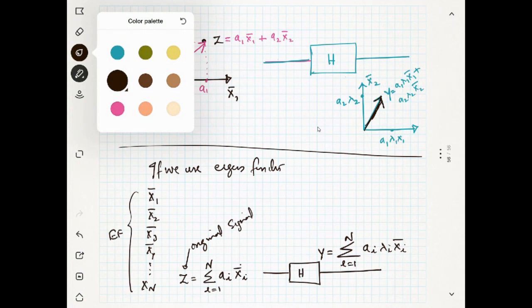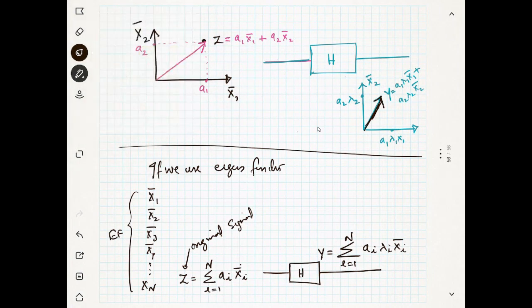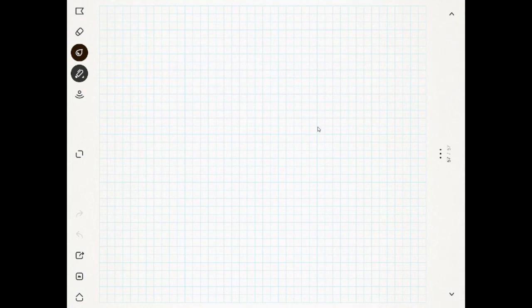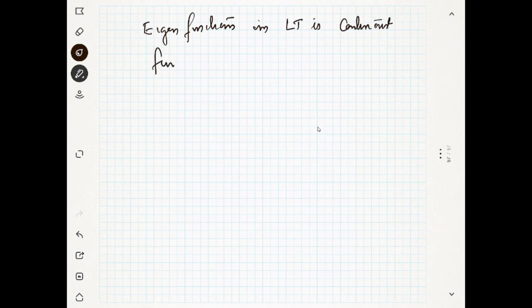Now I will come to the Laplace transform. I am talking now about the continuous time signal. In the Laplace transform, our eigenfunction is a continuous function, which is e power st. This function is our eigenfunction in the Laplace transform.